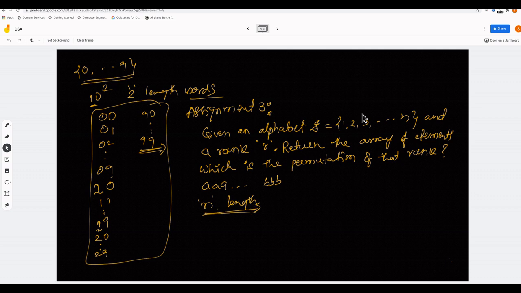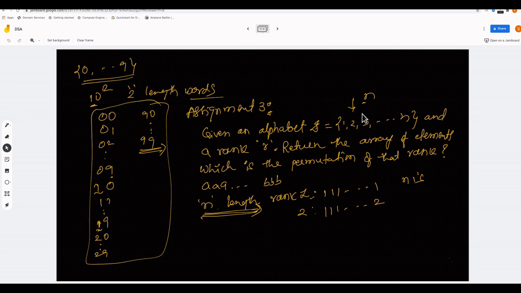I would say given n, you need to consider an n-length word. So my input is only n, instead of 1 to n. Rank 1 would be 1 1 1 and so on, n ones. Rank 2 would be 1 1 1 and so on, then 2.